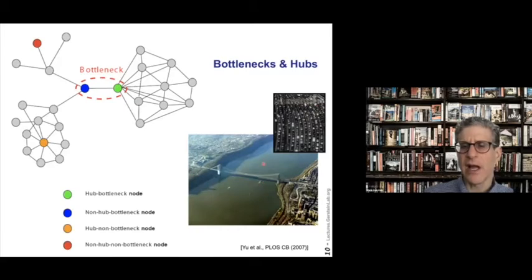And I think a good way of getting intuition about bottlenecks and betweenness is to think about the road network on the East Coast of the United States, where we live. If you've ever driven through this network, you realize that there's only a limited number of ways of crossing some of the big rivers. In particular, one of the big rivers on the East Coast is the Hudson River. This is a picture of the Hudson River. And there's only a relatively limited number of places you can cross the Hudson River.